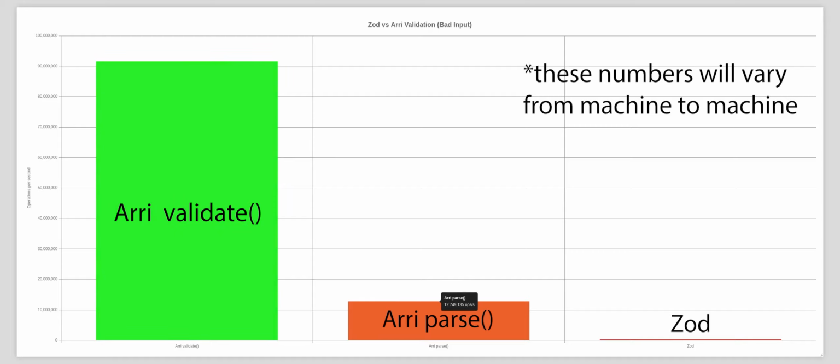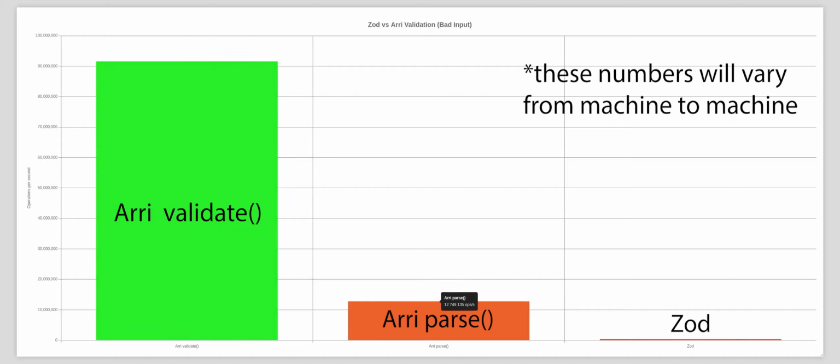And the reason why is because when we're validating a string, we simply are referencing a static function that allows us to validate a string. So when compared to Zod, notice how many fewer memory allocations Arri is creating versus Zod.